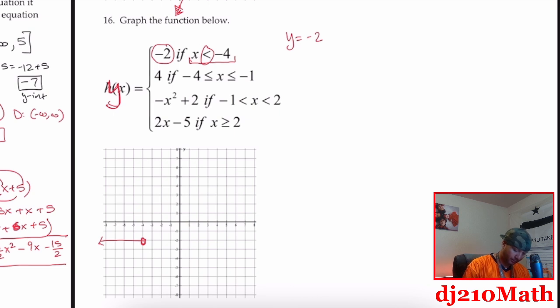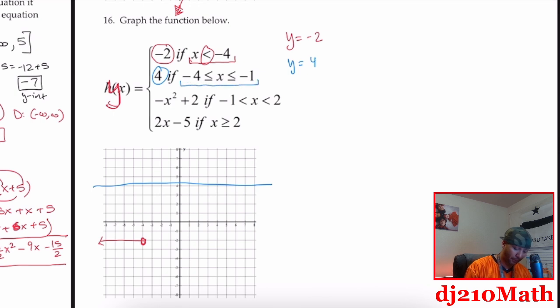Second one, again, this is nice, right? This is y equals 4. Y equals 4 is another horizontal line through 4. I know I do that kind of ugly, but you get the picture, right? It's going through 4. But we don't want the whole line, right? It's a piecewise function.